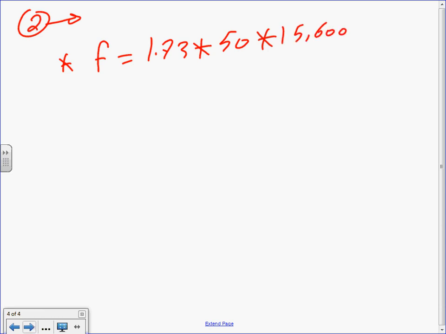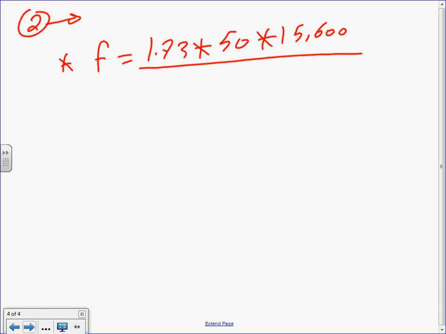Instead of putting in K, we cache the K, we multiply by 1,000, because we don't want to put in K here. Divided by the number of runs. So 15,600.